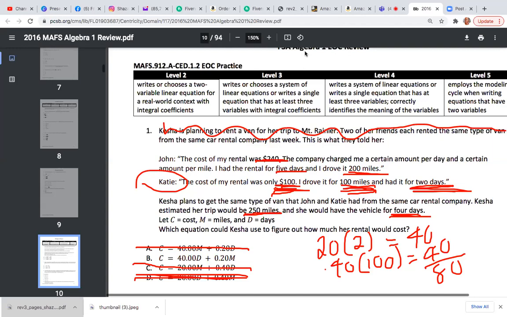Now, the other thing you can do is look at the difference between Katie and John. The difference in price is $140. One of them drove for 200 miles for 5 days. That's a 3 day difference and a 100 mile difference.